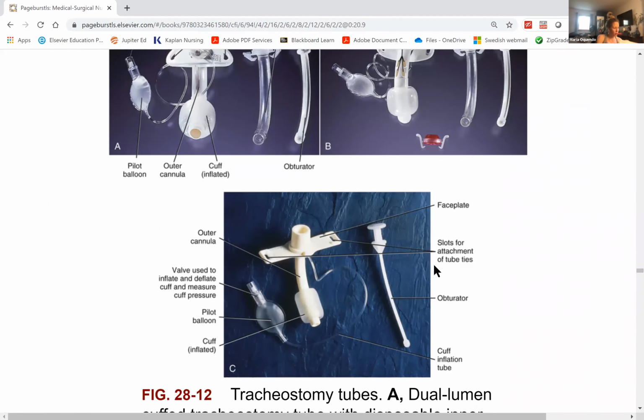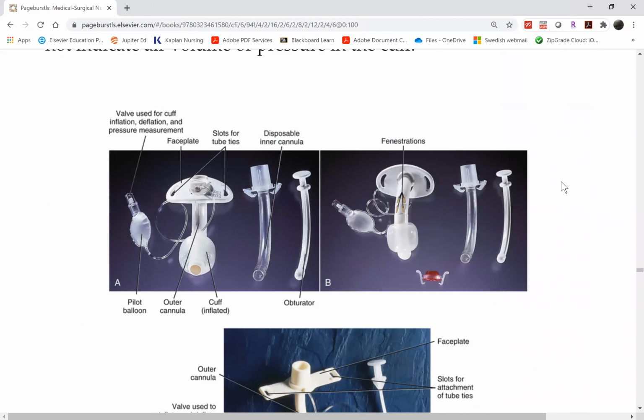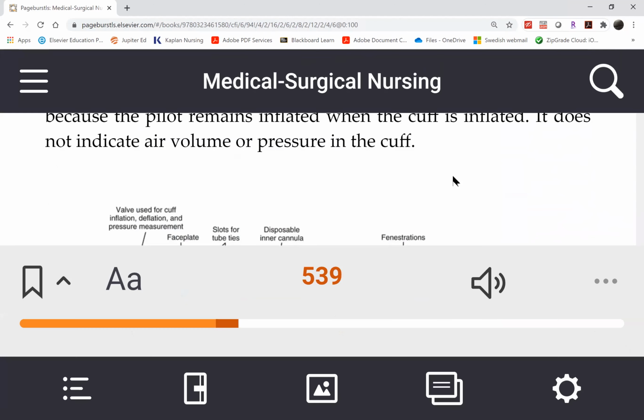What are you trying to look for? Okay, I'm here. Go to page 539.